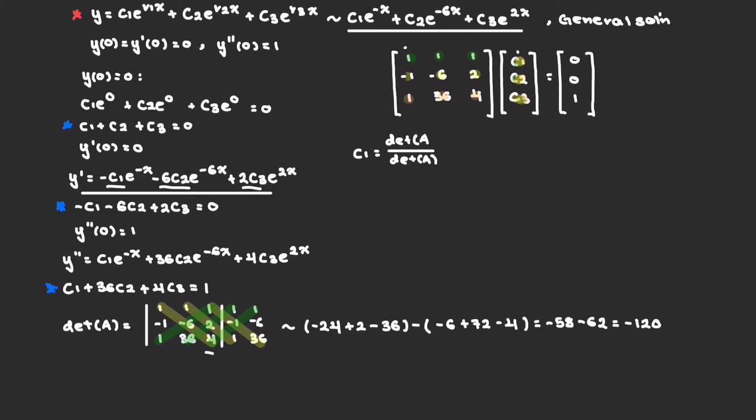Or in other words, we can write this down as 1, -1, and 1 multiplied by C1 here. So that's why 1, -1, and 1 corresponds to C1, 1, -6, and 36 correspond to C2, and so on. So we want to swap the column that we're trying to find with the right-hand side right here.